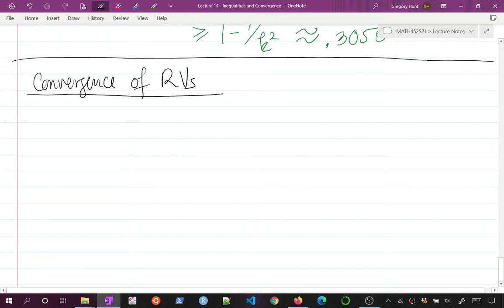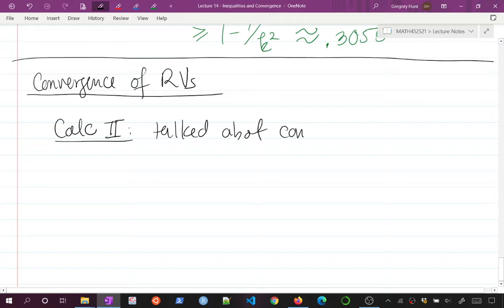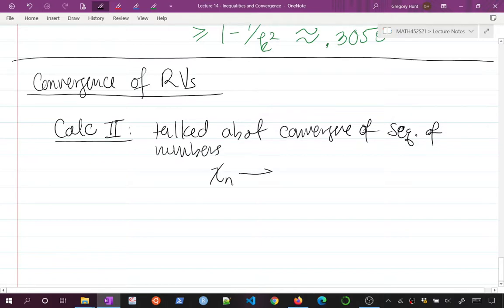So here's where we get back into Calc 2, or analysis. Right, in Calc 2, we spent all this time talking about convergence of sequences, right? Sequences and series. So in Calc 2, what we did is we talked about convergence of sequences of numbers, some xn's, and we said they go to x, right?